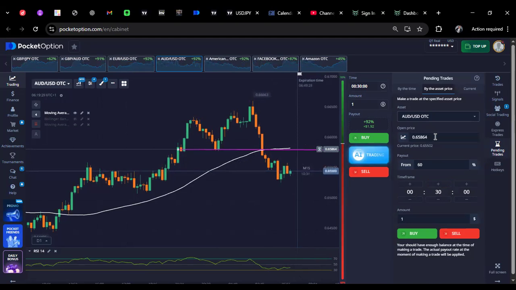You can see it's already at that particular price, so you don't need to start setting the price. Put whatever minutes you want, 50, then expiration time, a 15 minutes trade. I want to take a sell at this point. You set it.